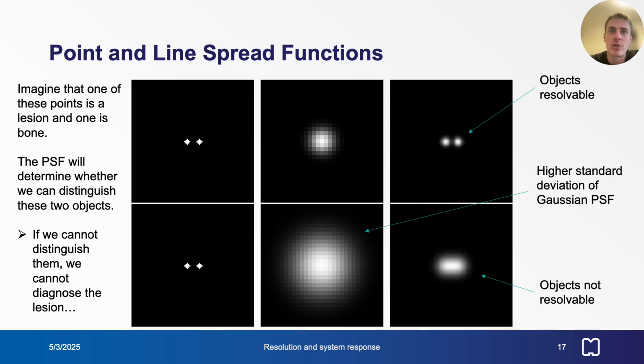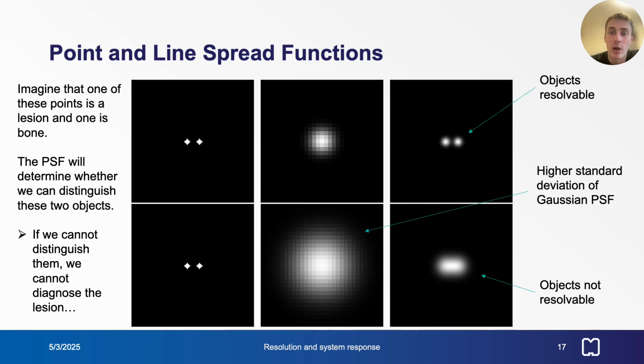These two examples demonstrate how the PSF is related to the resolution of a system. If we recall that resolution is related to the smallest adjacent objects that can be distinguished within the imaging system, then in the first scenario for this PSF, the two distinct objects being imaged can be distinguished.